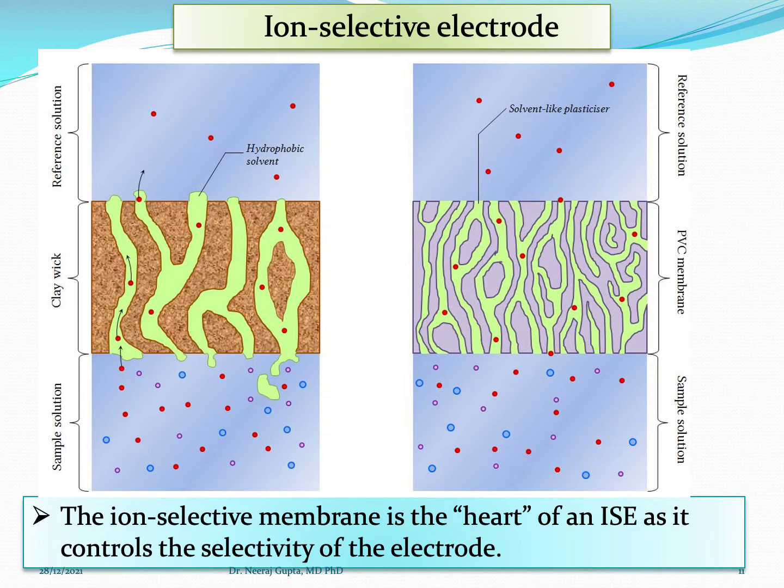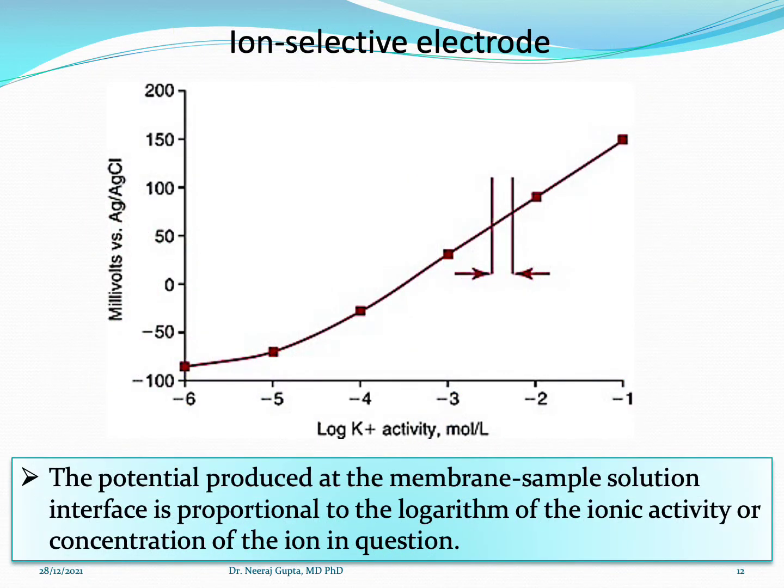The ion selective membranes are typically composed of glass, crystalline or polymeric material. The chemical composition of the membrane is designed to achieve an optimal selectivity towards the ion of interest. The potential produced at the membrane sample solution interface is proportional to the logarithm of the ion activity or concentration of the ion in question, as you can see from this graph.